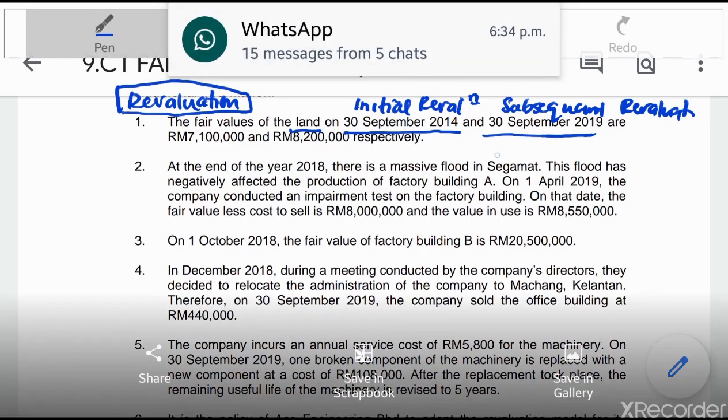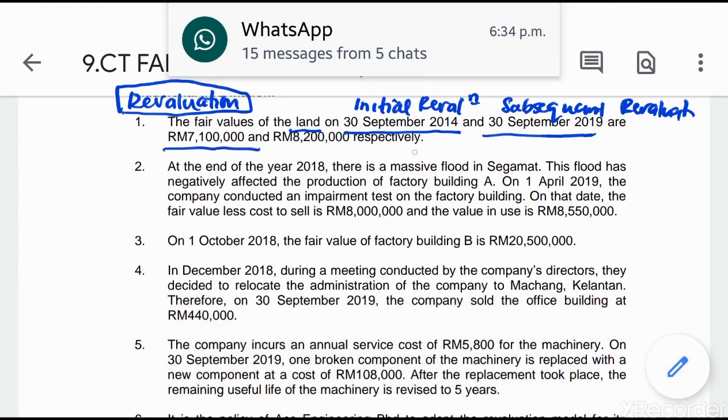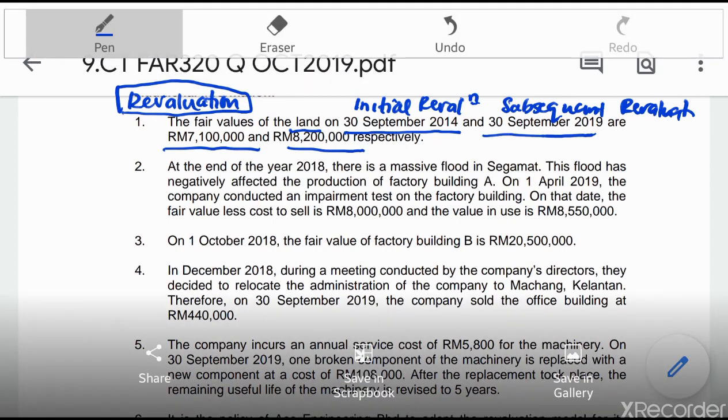And you have the fair value for the respective date, and you need to check whether there is a surplus or a deficit for each revaluation, and treat them accordingly according to paragraphs 39, 40 and 41 of MFRS 116.